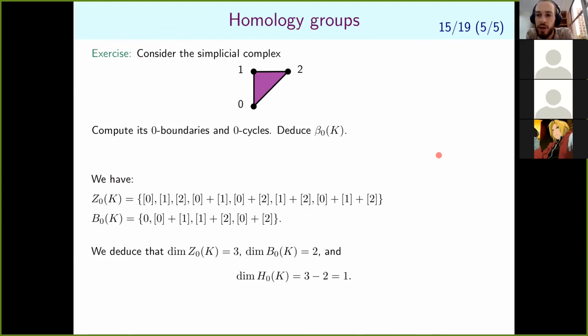I don't have many zero chains here because I have only 3 vertices. So at the end, I have only 8 different chains, and I can compute the boundary of each of these chains.